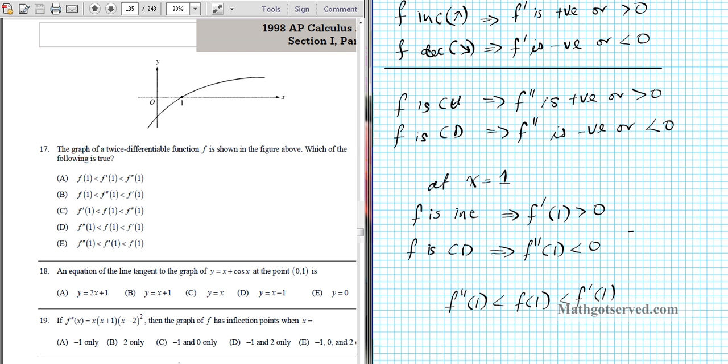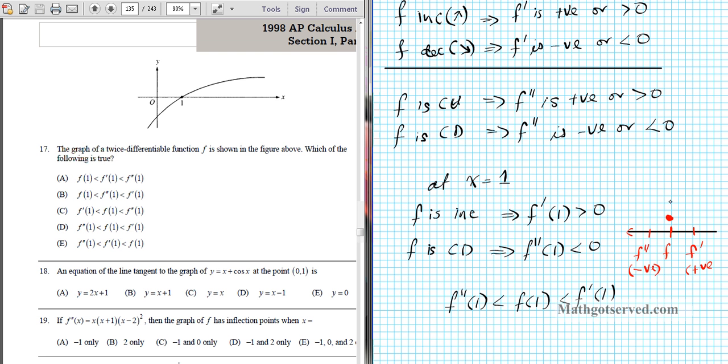So let me use a number line just to reiterate what I just said. At 0, we have f. Over here we have f double prime because it's negative. And over here we have f prime because it is positive. So this is f's territory.